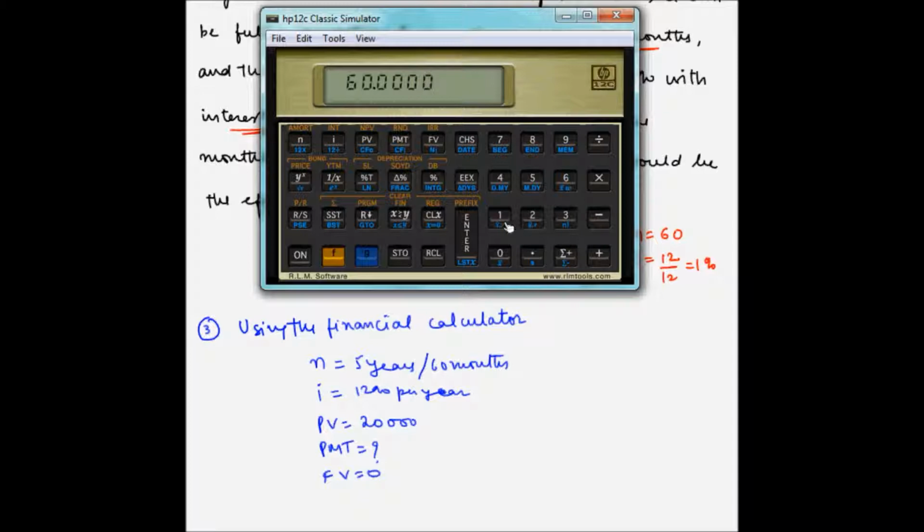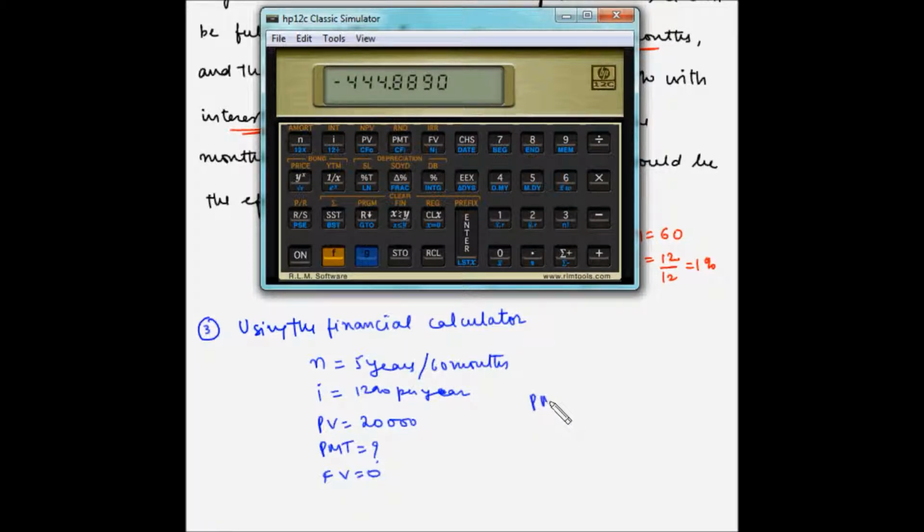Next we have to enter I. So first we'll enter the yearly interest rate, and then we'll click on G and then 12 divided. So that means this is the monthly interest rate. Next we'll enter the present value. 20,000 is the present value. 0 is the future value, and then we have to find out the payment amount.